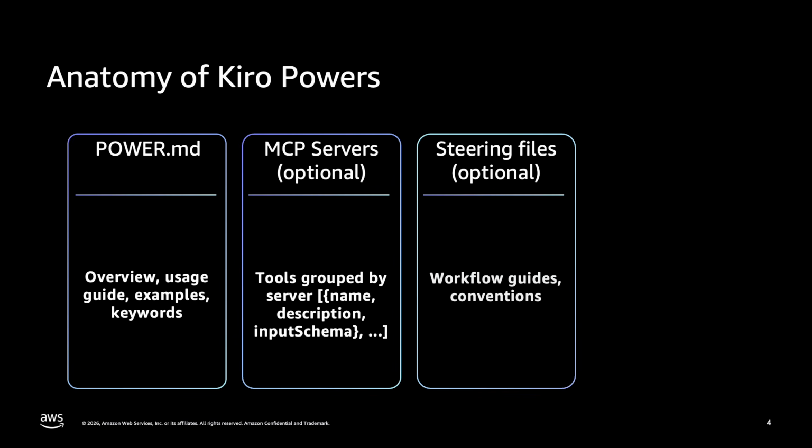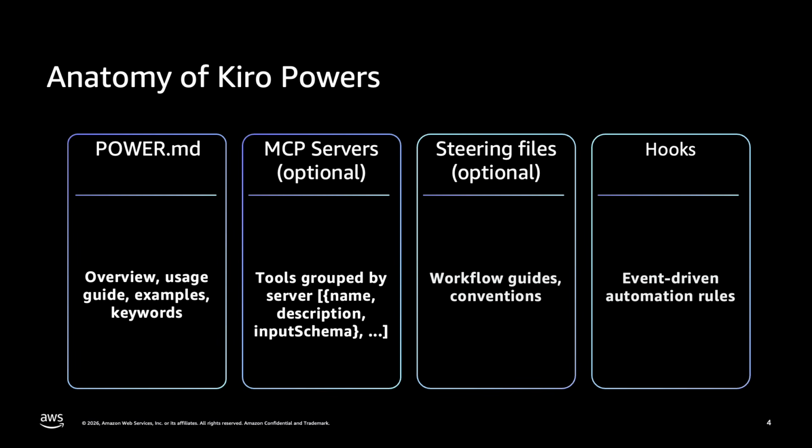The agent can read these on demand when it needs guidance for a specific task. And the fourth and final part is hooks, also optional. These are event-driven automation rules that come bundled with the power, so when your team installs it, they get the same automated workflows too.